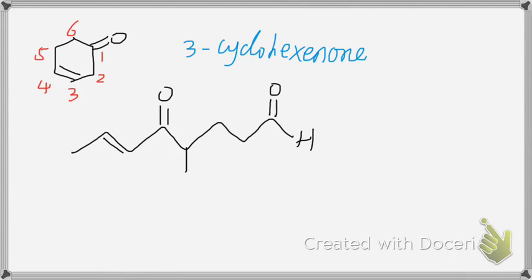Next example. We know carbonyls will take a higher priority over alcohols and double bonds. But how about a ketone carbonyl and an aldehyde carbonyl? In this case, the aldehyde carbonyl will take higher priority, and we will treat the ketone carbonyl as a functional group.